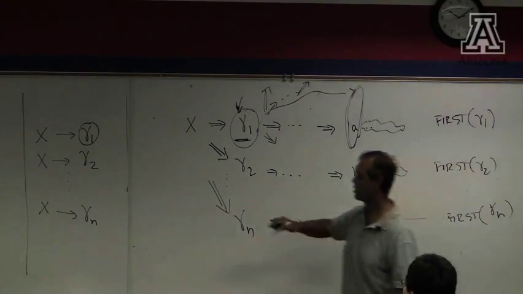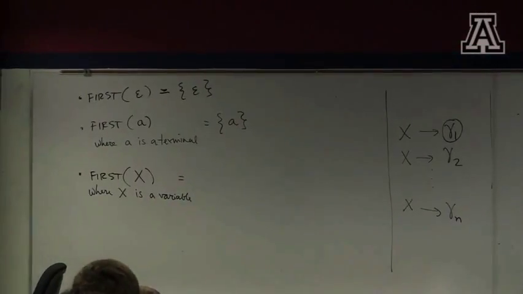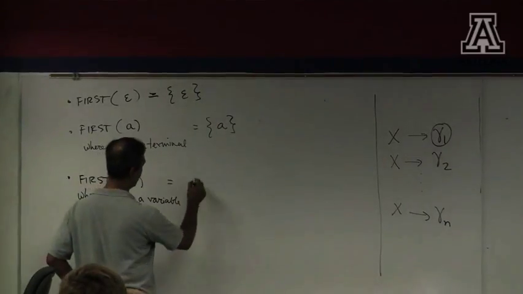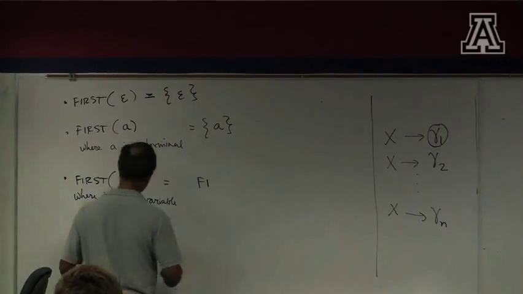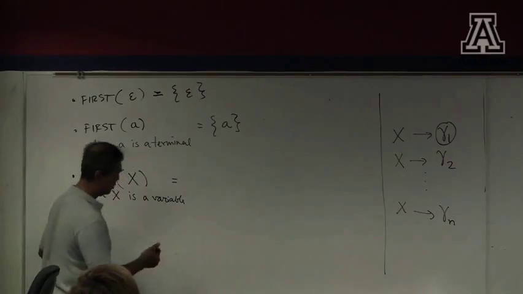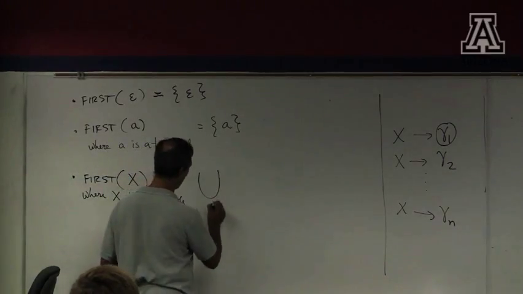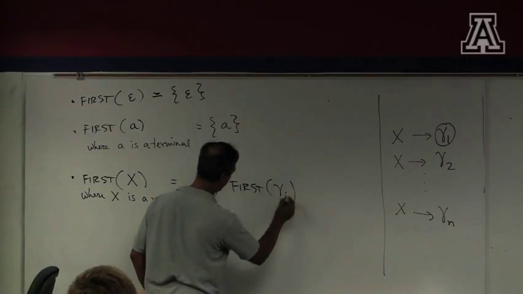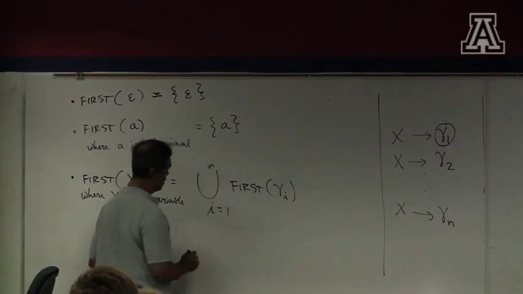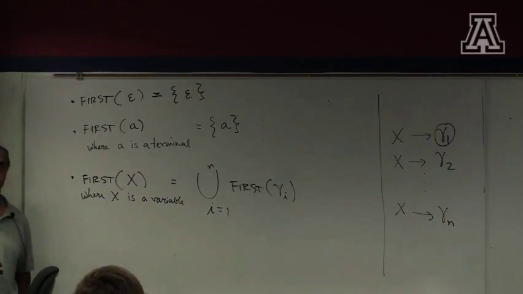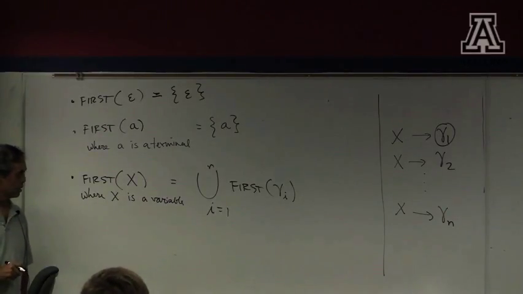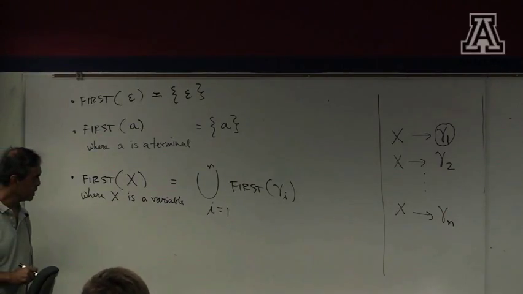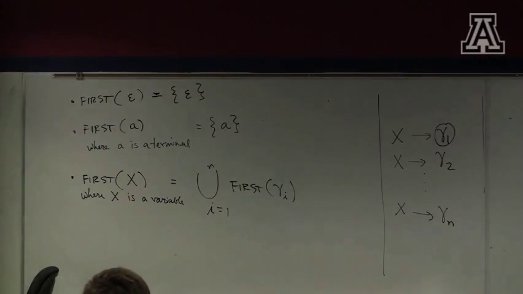Excellent. What can I say about first of X? Union of all this. Yeah. So it is, and just to indulge in some notation, union over i. Right? Good. Well, that is progress. We haven't gone all the way, but we've made a lot of progress.